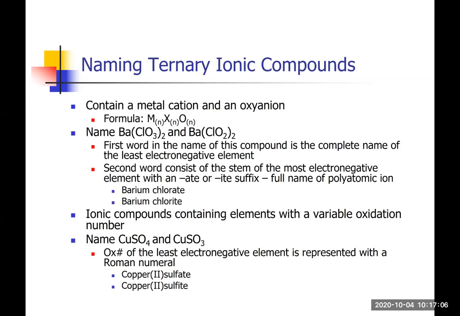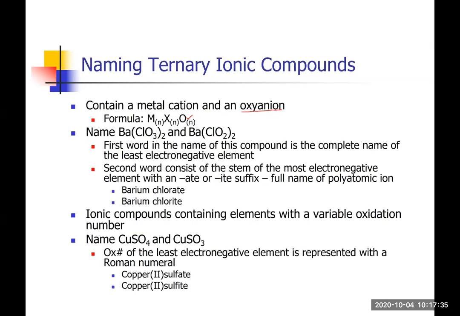I will, however, ask you about those prefixes and suffixes for oxyacids in this class. So again, these species contain a polyatomic ion, or what we might call an oxyanion, because the polyatomic ion is going to include oxygen. So let's look at naming something like BaClO3 and BaClO2.